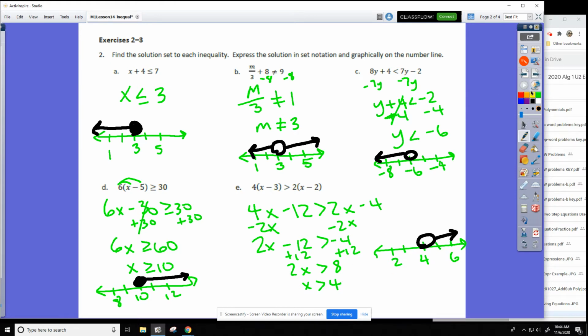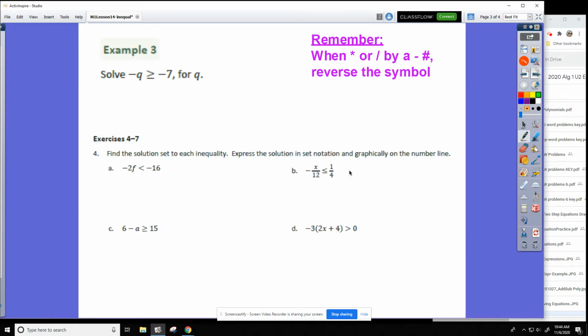Okay, so let's go back to my pen and go to the next page. So those are the graphs. All our variables were positive. So now what happens when a variable is negative? Since a negative times a negative is a positive, we think of that as changing the sign.